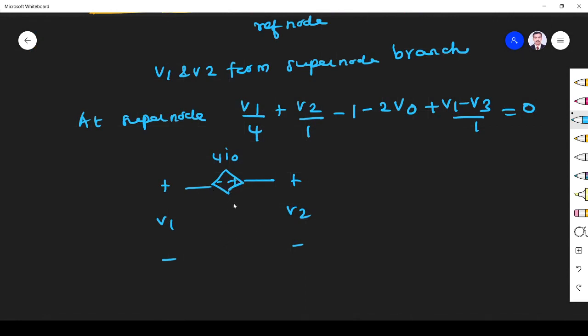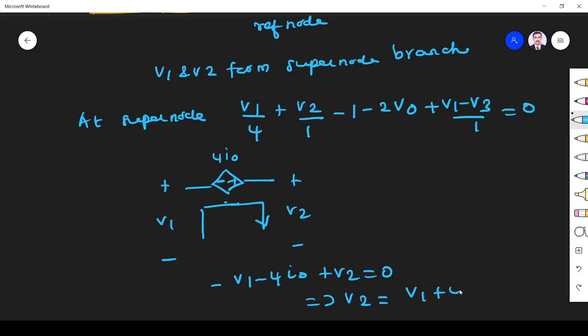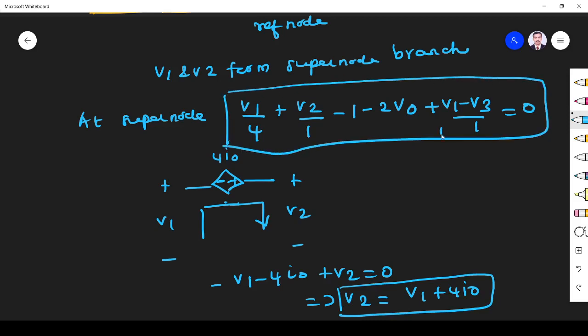Now we apply KVL. From here it is minus V1. It is encountering minus, so minus 4I0, and this is plus V2 equal to 0. This implies V2 is equal to V1 plus 4I0. This is equation number 2. Let us assume the earlier one is equation number 1.